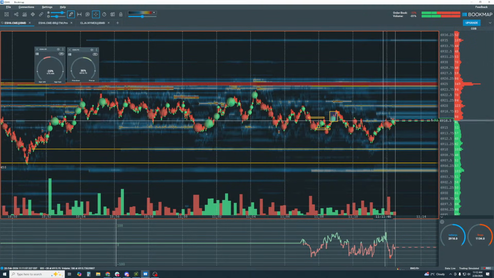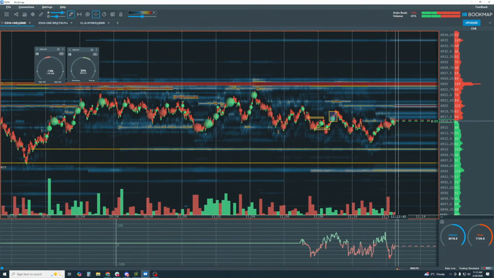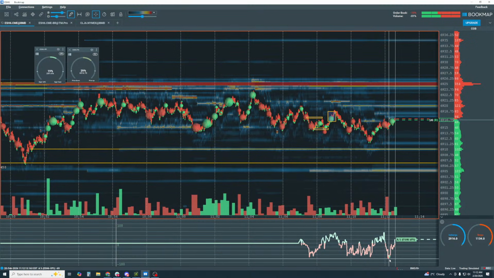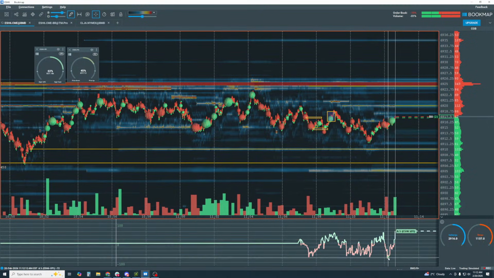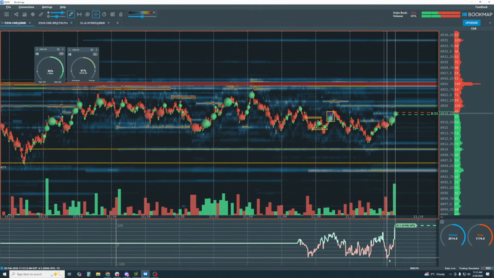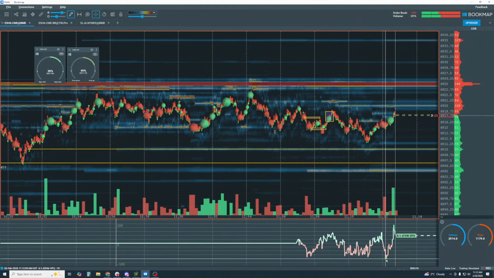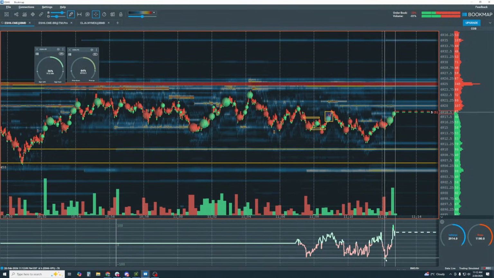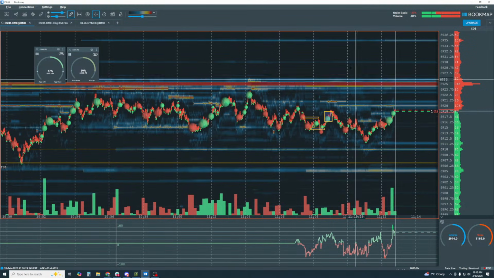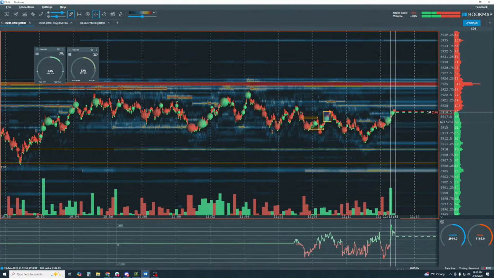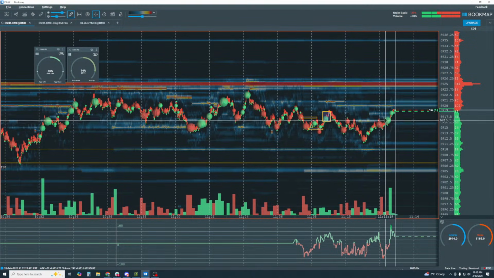So that's pretty indicative of that choppy environment. This just gave us like a false positive here. So I would not be looking for anything in here, from this volume cluster here. If anything, it would be the squeeze here that we'd be looking for.